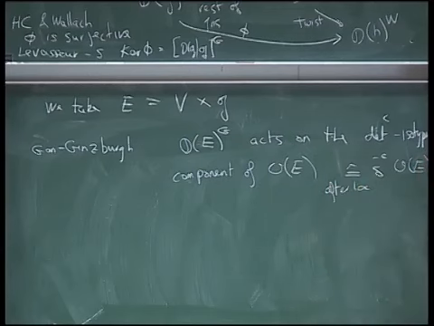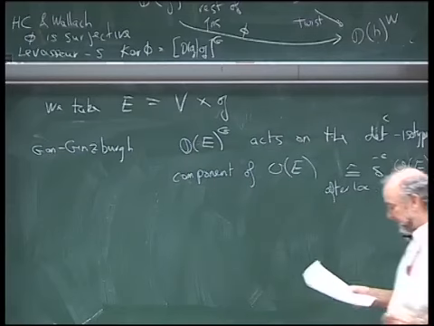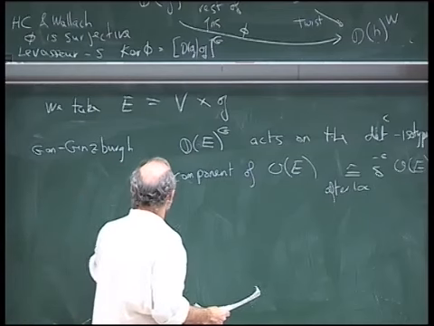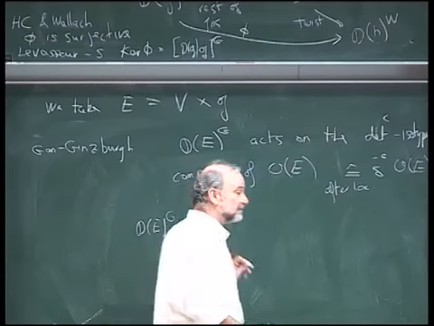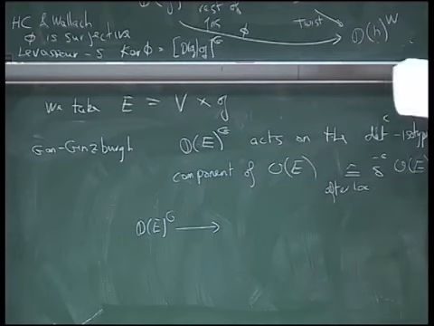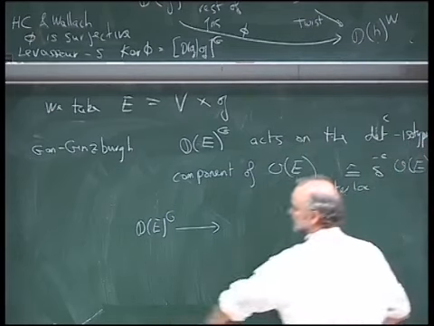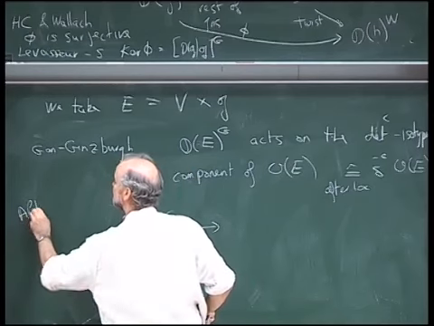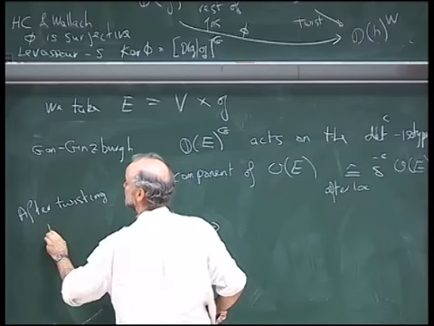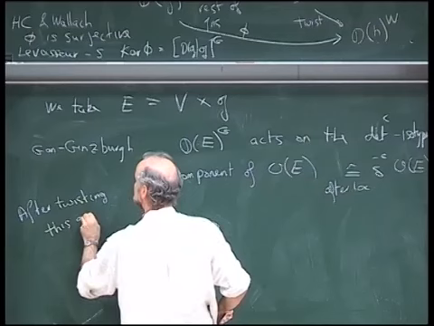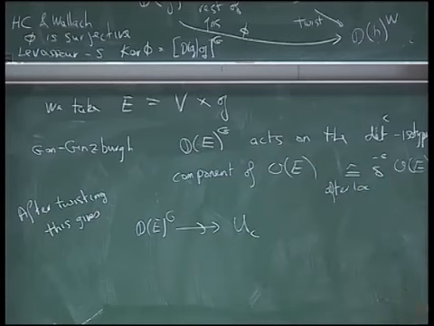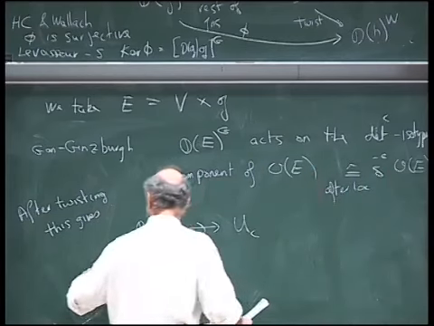At least locally it looks like that. And then again you get a map from D of E, G to differential operators. And again you have to twist it, but now you don't end up with this ring, you end up with U_c. So after twisting, this gives a surjection from here to U_c, and the kernel.